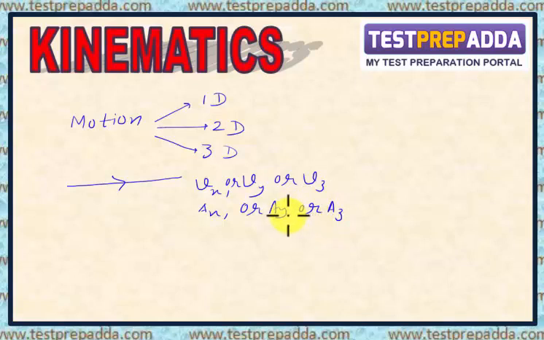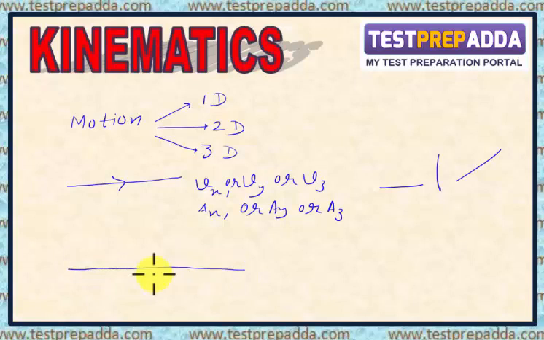So this motion that is along a straight line can be horizontal, can be vertical, can be slanted. Now, if I throw a particle in a vertical plane at some angle with the horizontal, and that is not 90 degrees, like this.